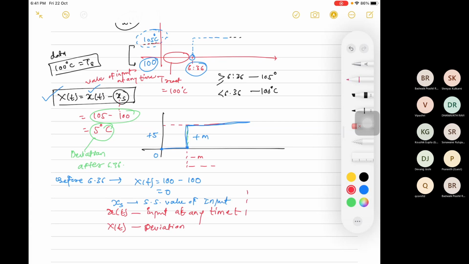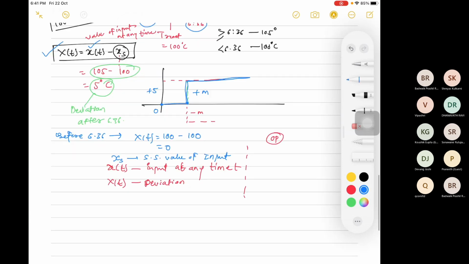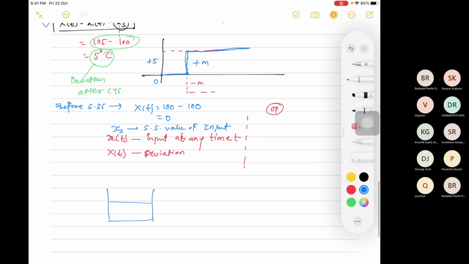Similarly, there will be output, right? Output, as you changed the input, how will the change be seen in the output, right? Suppose you have a tank where water is filling, right? Flow rate is coming in at 5 meter cube per second. And this height is some h, or you can say it is 10 meter, with some constant outlet flow rate.